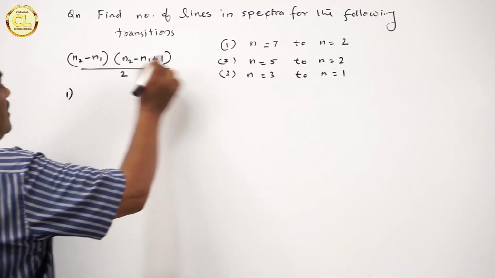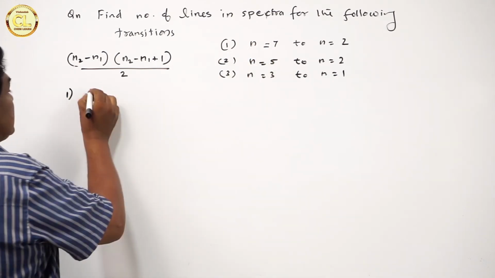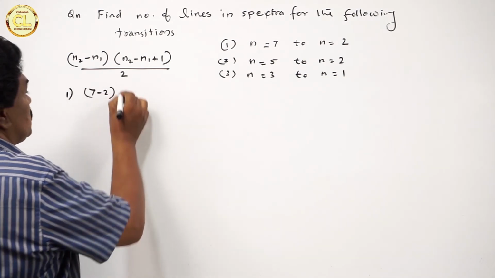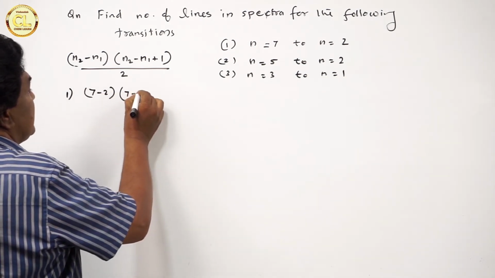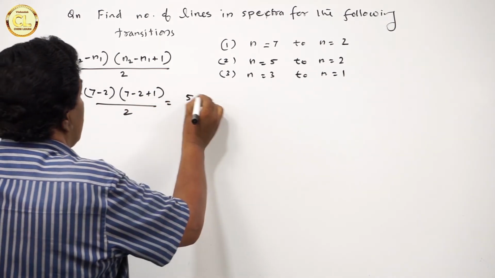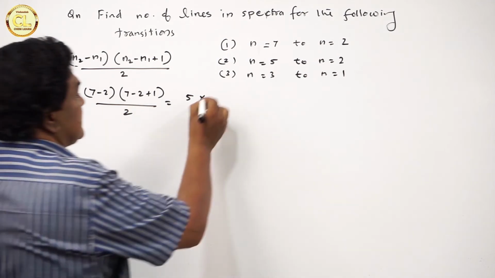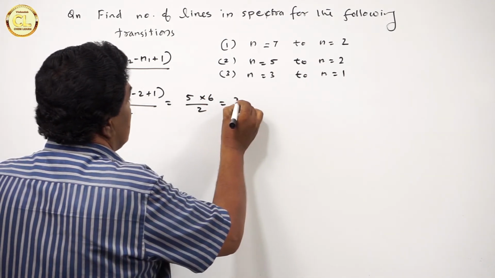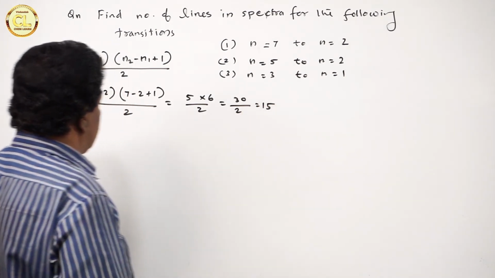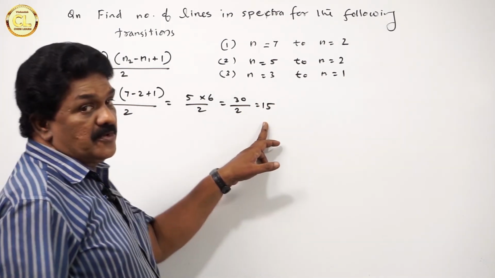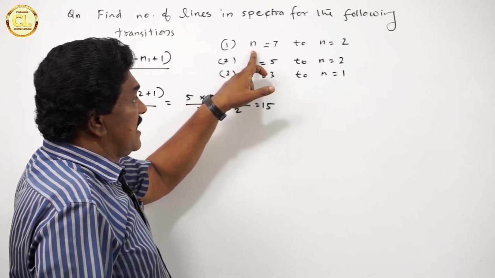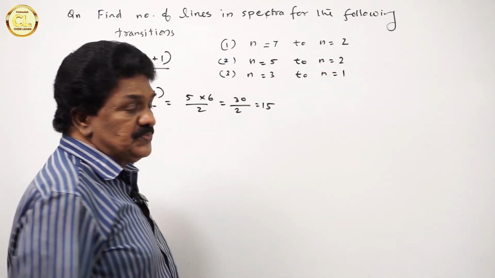For this transition, n2 is 7 minus n1 is 2. So 7 minus 2 into 7 minus 2 plus 1, the whole divided by 2. This is 5 into 5 plus 1, 6. 30 by 2 is equal to 15. See, 15 lines are formed when the transition takes place from n is equal to 7 to n is equal to 2.